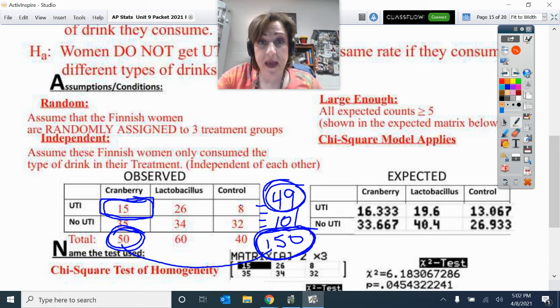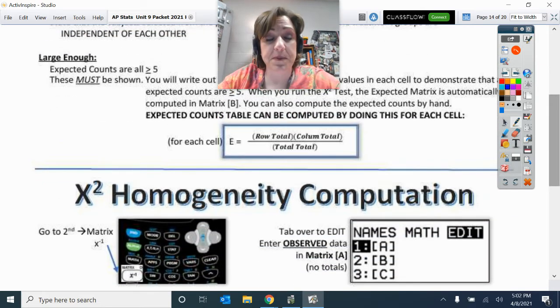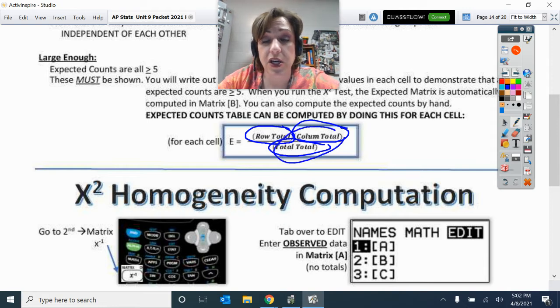So on that previous page, I had talked about the way to get the expected counts for each cell by taking the row total, multiplying it times the column total over the total. Because in this case, this right here was the rate at which the cranberry juice people were in the sample, and then we did it in terms of how many UTIs there were.